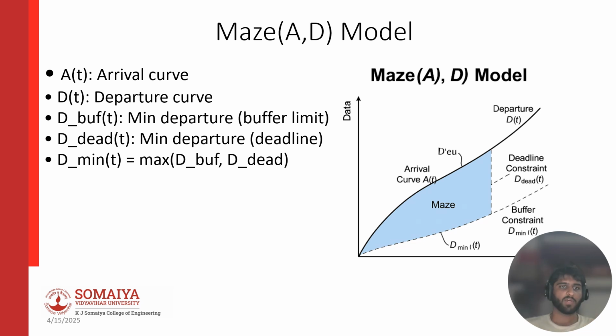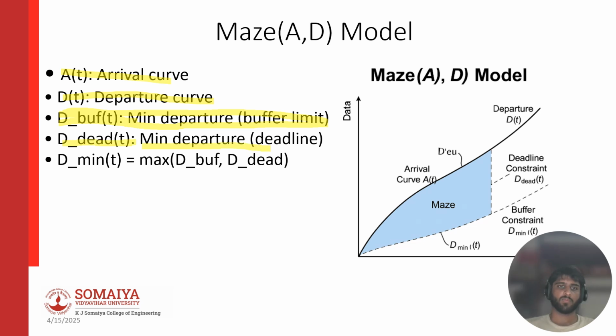We have a couple of constraints, which are the arrival curve, which tells us about what all data is coming at the arrival. Then we have the departure curve, which tells us when that data has to reach its destination. Then you have the buffer, that is the minimum departure buffer limit. And then you have a deadline.